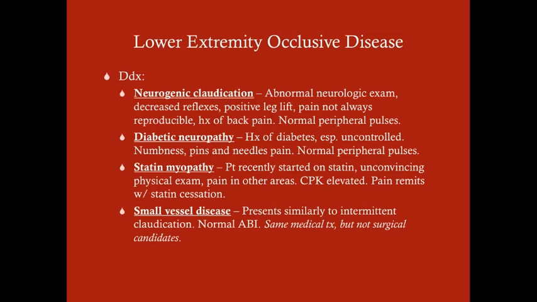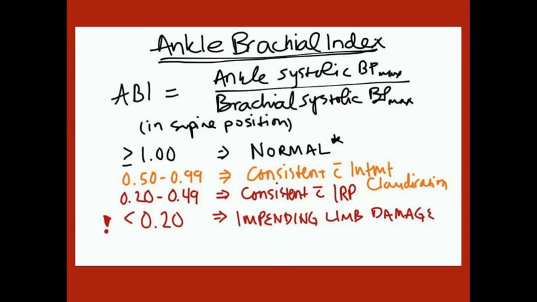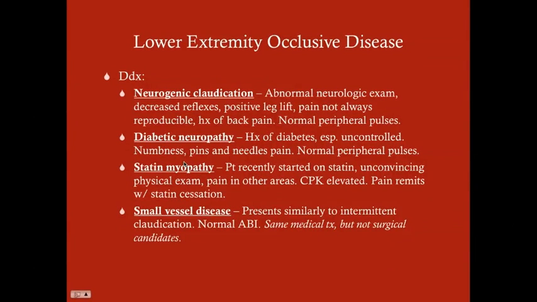And then finally, small vessel disease. So remember when I told you that you can have intermittent claudication but also have a normal ABI? That would be small vessel disease. So small vessel disease will cause intermittent claudication, but because it's in the small vessels, you're not going to have a lower blood pressure because of the occlusion.